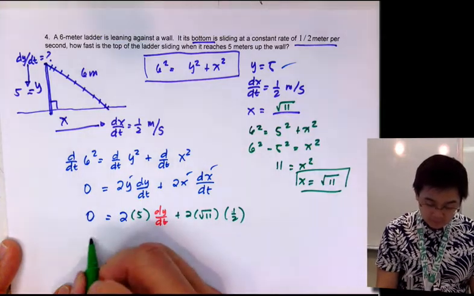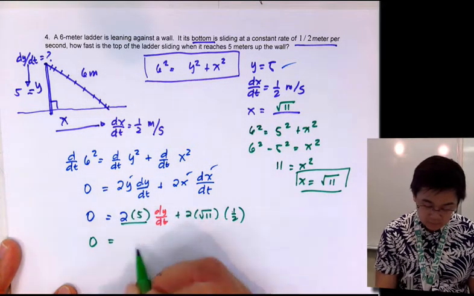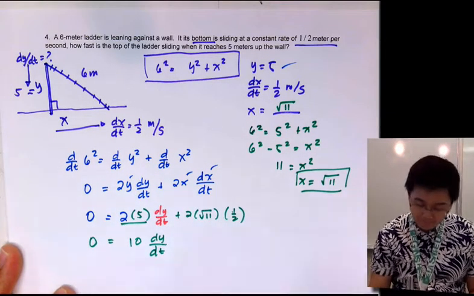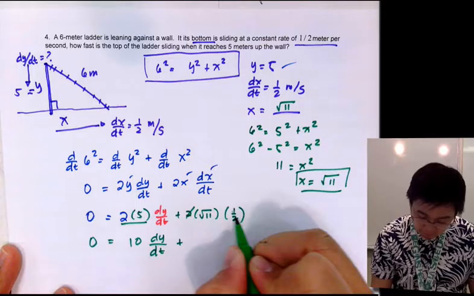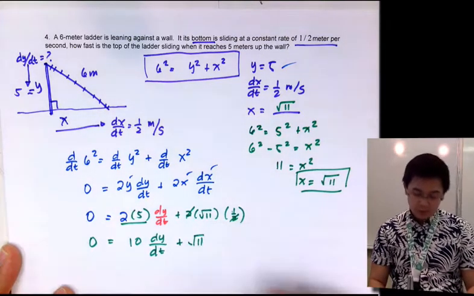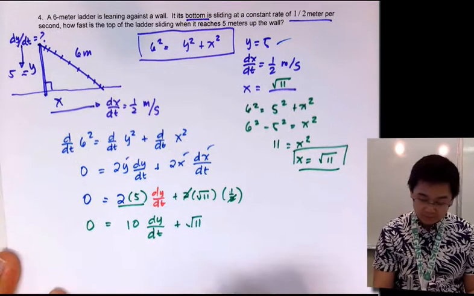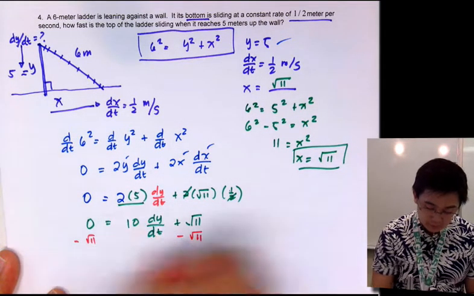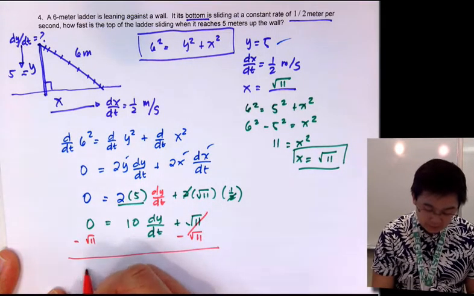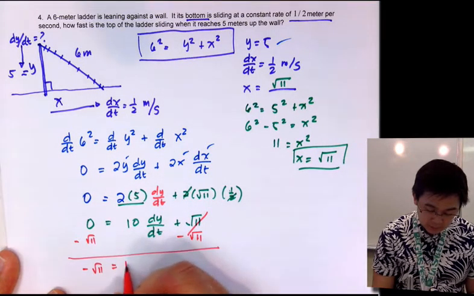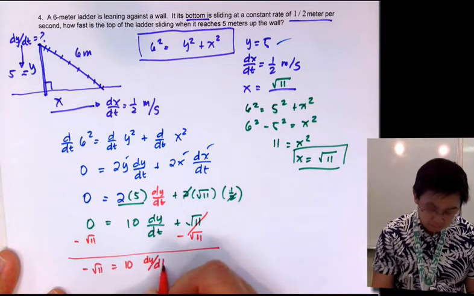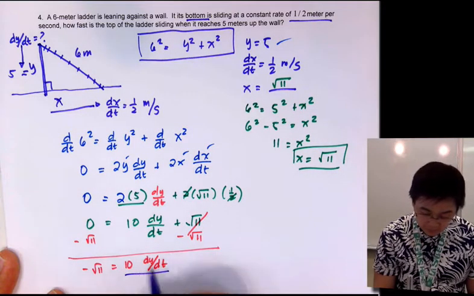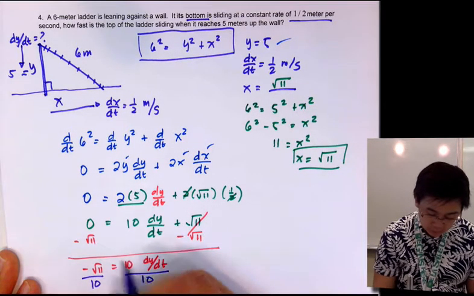And by simplifying this, 0 equals 2 times 5 is 10 dy over dt, plus we can cancel this out, square root of 11. So by subtracting square root of 11 on both sides, we'll have negative square root of 11 equals 10 dy/dt. And to have dy/dt by itself, let's complete our solution.